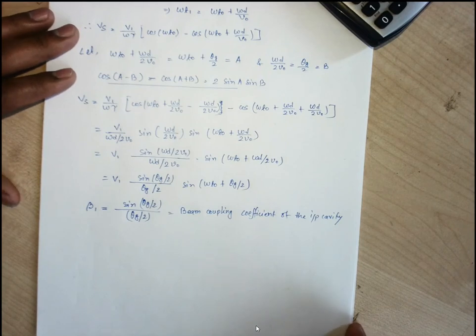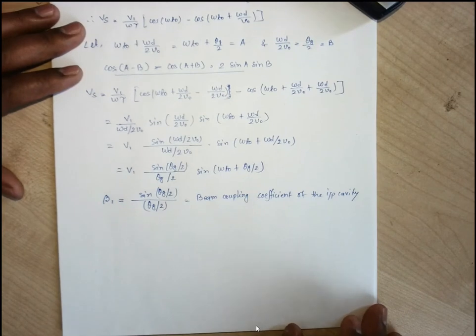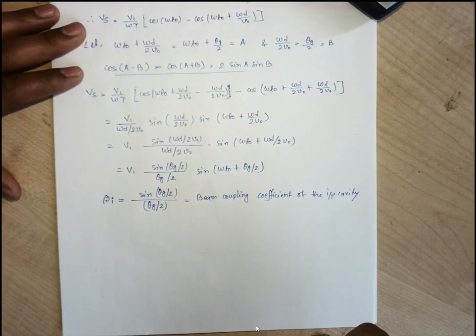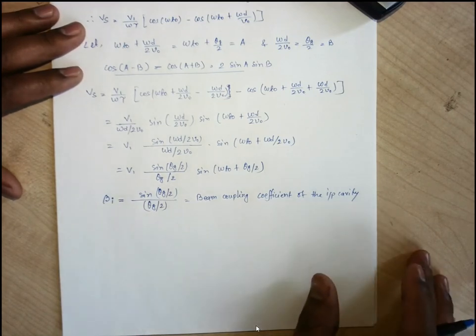So how much the beam is able to get coupled with the input RF signal. This parameter defines how much the beam is coupled or interacted with the RF signal.